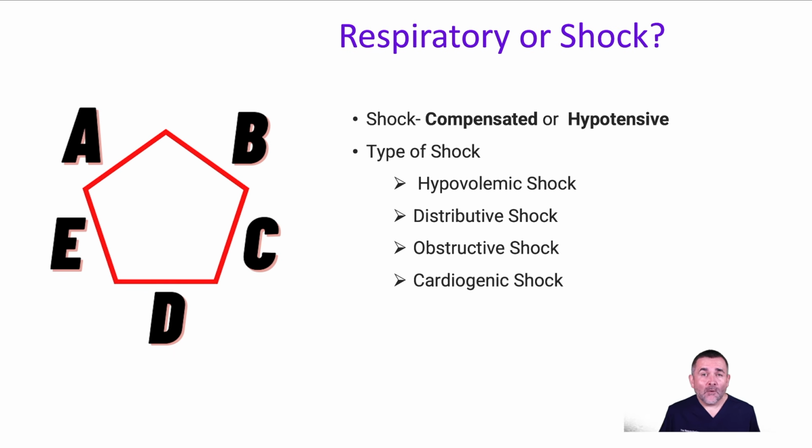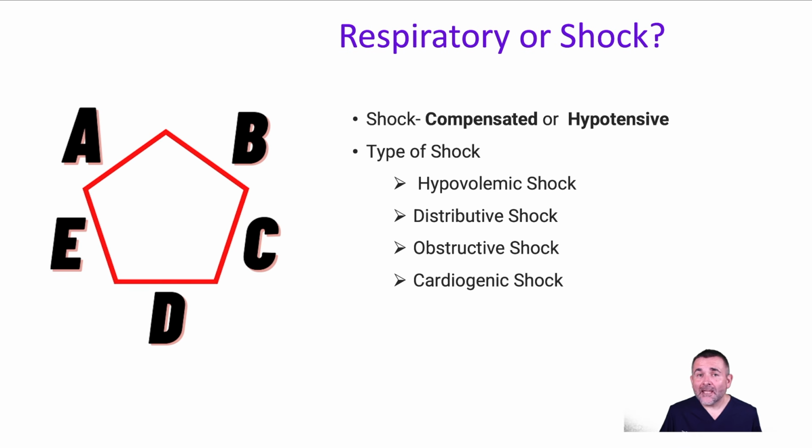Shock can be present with a normal blood pressure or an increased or decreased systolic blood pressure. Compensated shock refers to a clinical state where signs of shock are present, but the blood pressure is in the normal range for age. Hypotensive or decompensated shock, on the other hand, is characterized by evidence of impaired perfusion.